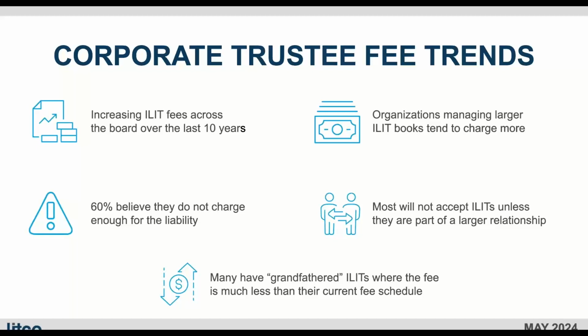Some of the more regional banks, we see ILIT fees anywhere from $1,500 to $2,500. So everybody is trying to get their fees up across the board. Larger ones are going for even larger fees. Smaller organizations are at least trying to get to that $1,500 annual fee mark.